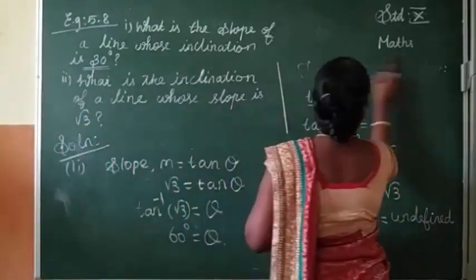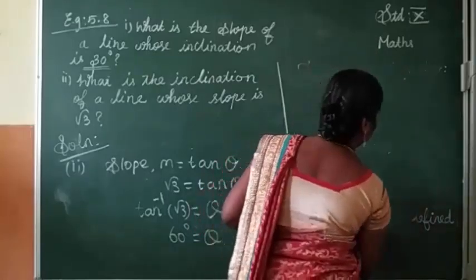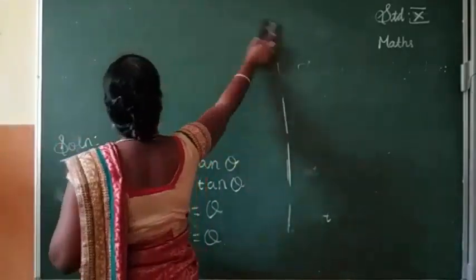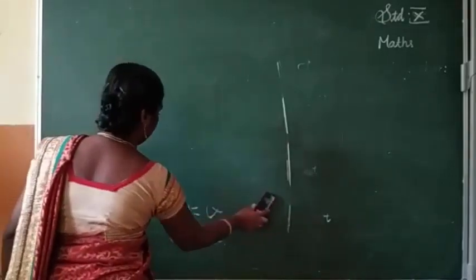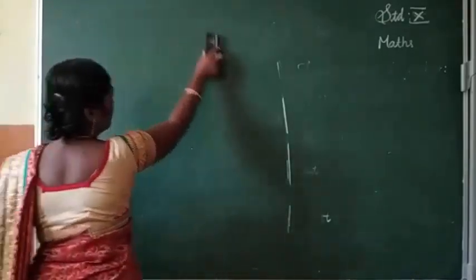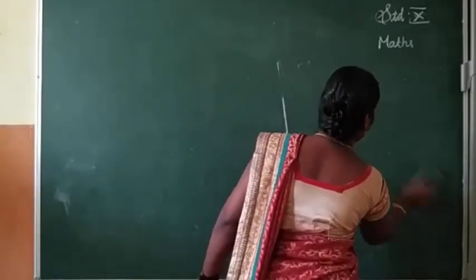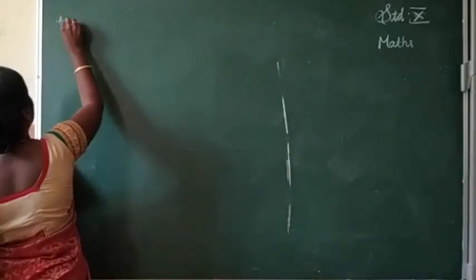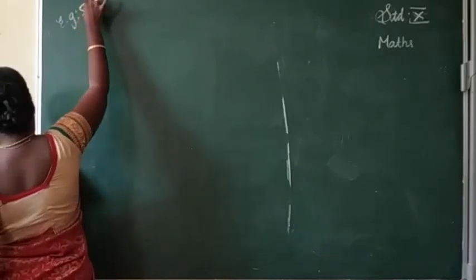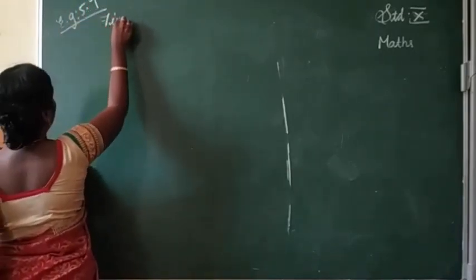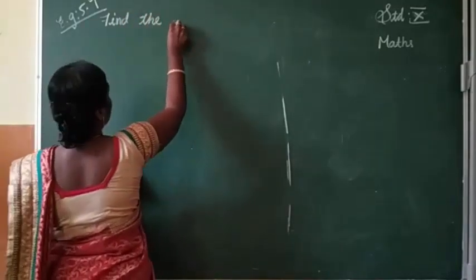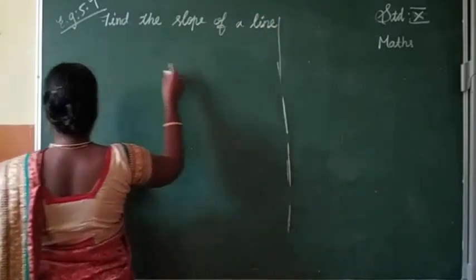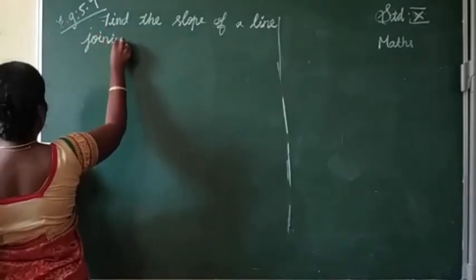Next problem. Find the slope of a line joining the given points.